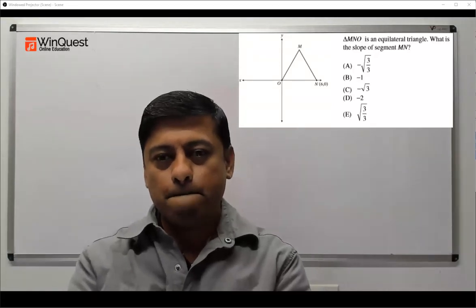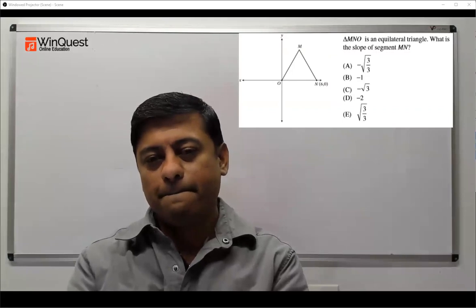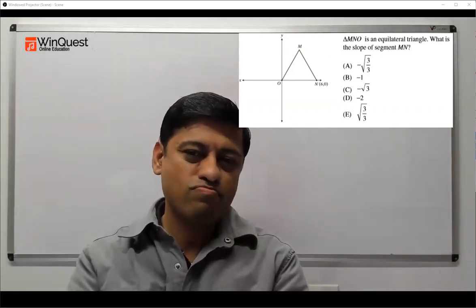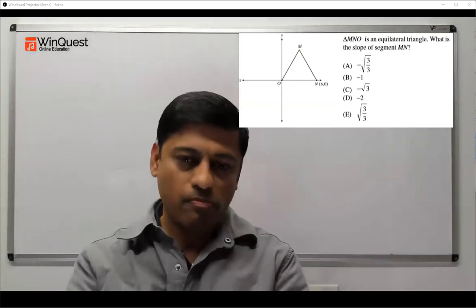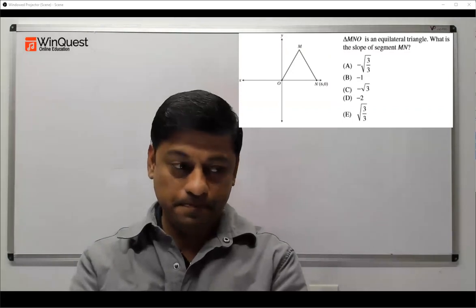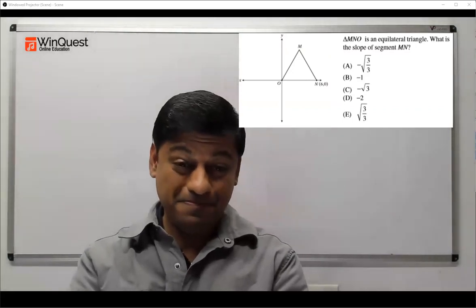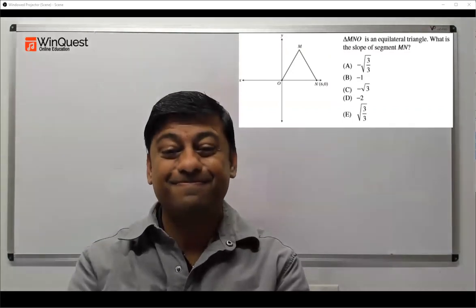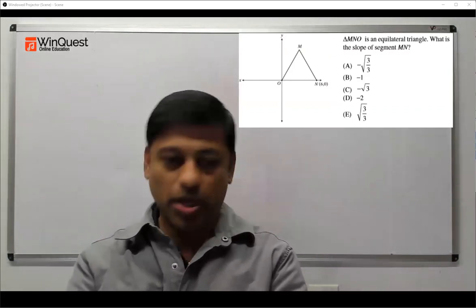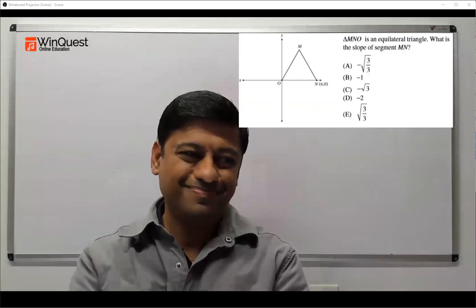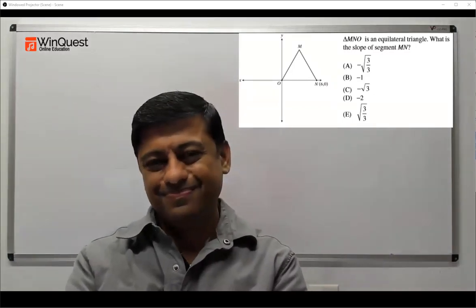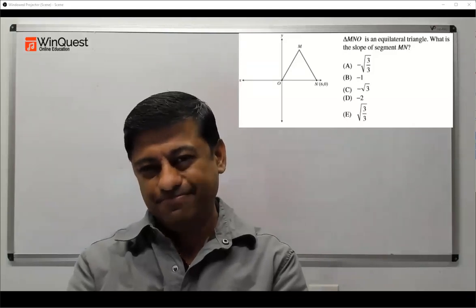And it's an equilateral triangle, so MO and MN would be equal, as well as ON. So M is in the center, so the x value of it would be 3. And if we figure out the y value, we can find the slope of the segment.